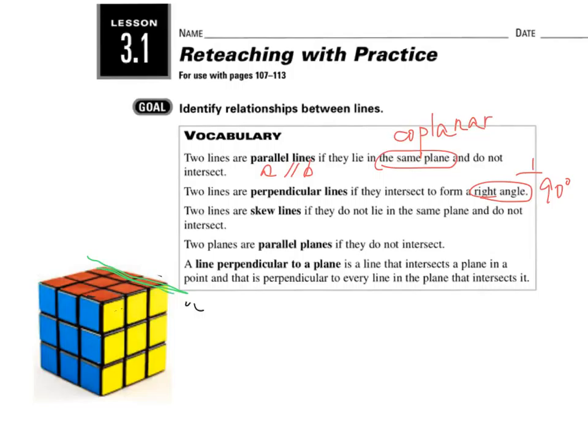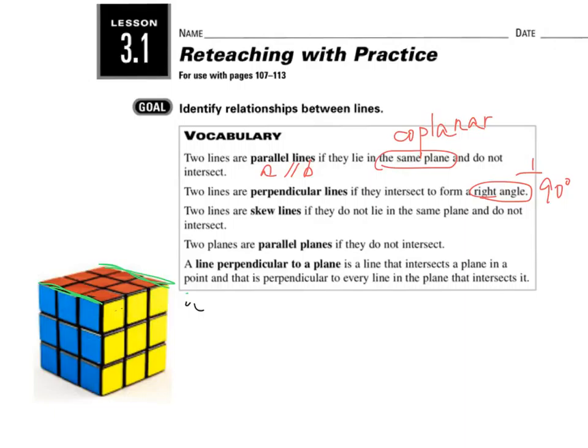So this line and this line in the front would be parallel because these two edges will never meet each other, right? They go on and on forever, and they will never meet. And they're on the same plane. That's important. Parallel lines have to be coplanar. They have to be on the same plane.